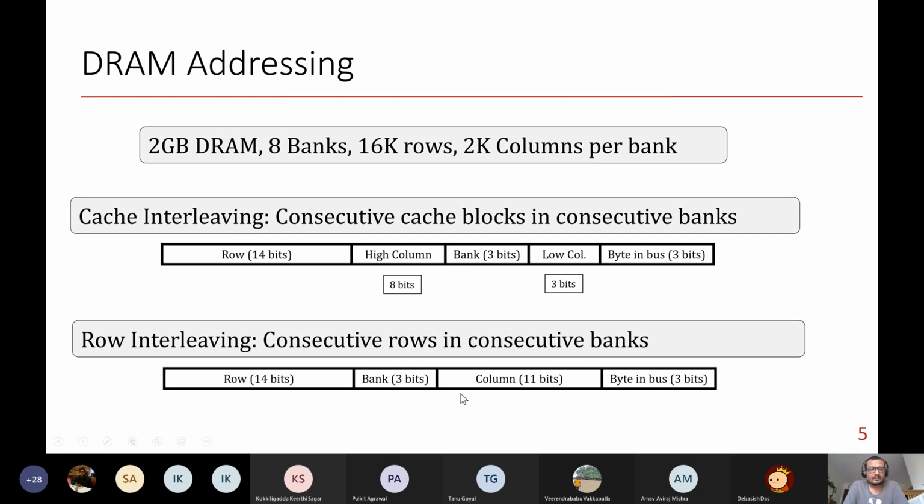So can someone tell me the benefits of row interleaving, where exactly it can be beneficial? I think when it is accessing multiple pages at a time. OS pages or DRAM pages? DRAM pages. What do you mean by accessing multiple pages? Basically, consecutive rows here are consecutive DRAM pages, so consecutive DRAM pages are in consecutive banks.